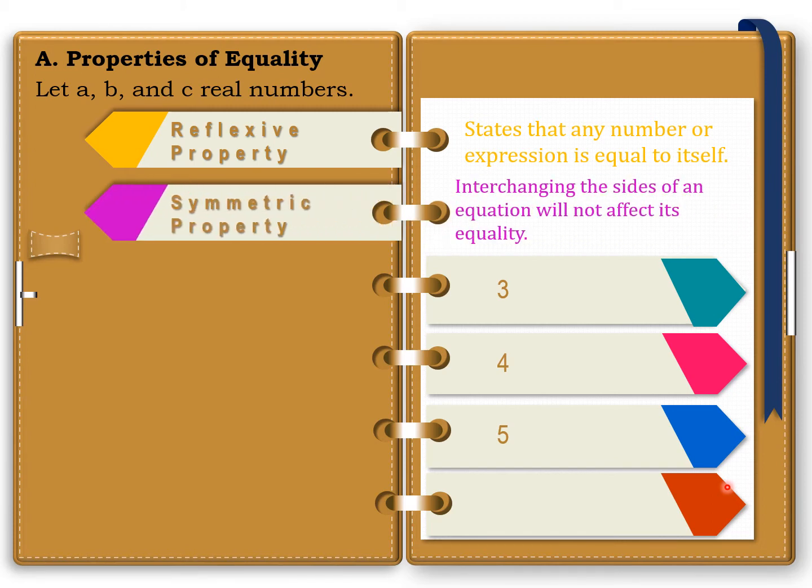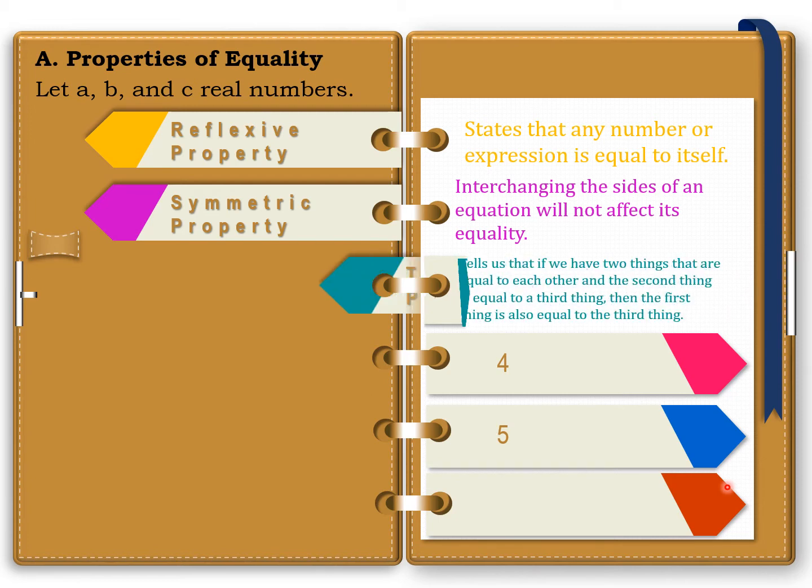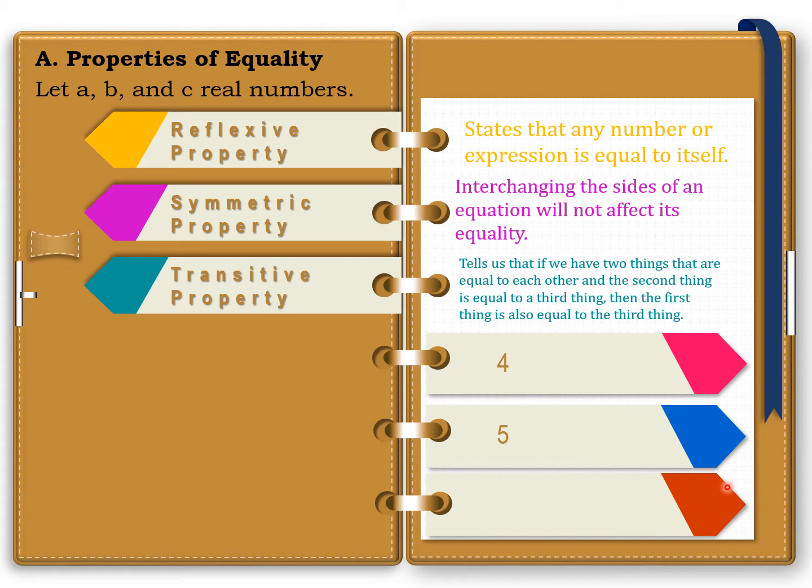Second, the symmetric property: interchanging the sides of an equation will not affect its equality. Number 3, the transitive property, tells us that if two things are equal to each other, and the second thing is equal to a third thing, then the first thing is also equal to the third thing.